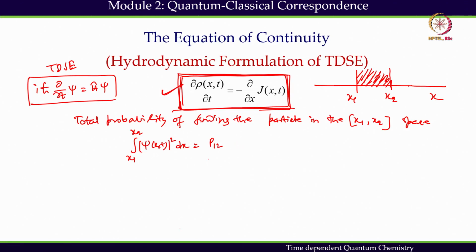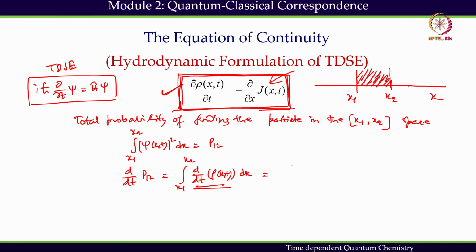So this is the probability, and if we try to find the temporal change of that probability, we get the integral from x1 to x2 of the temporal change of the probability, like this. Now we know that the change of density as a function of time is related to its current.